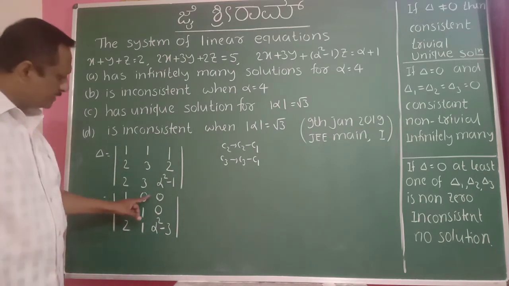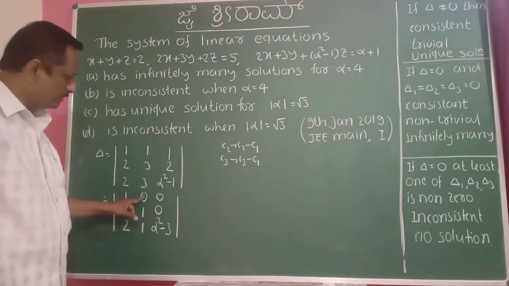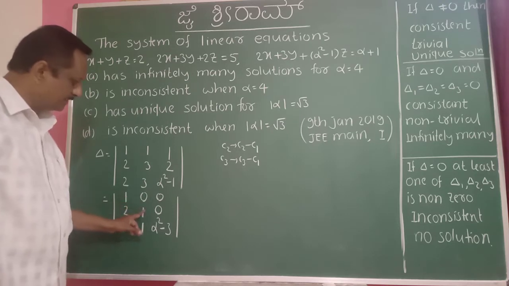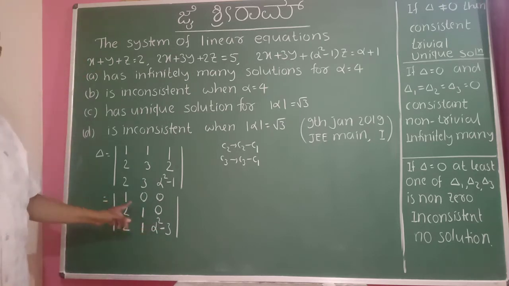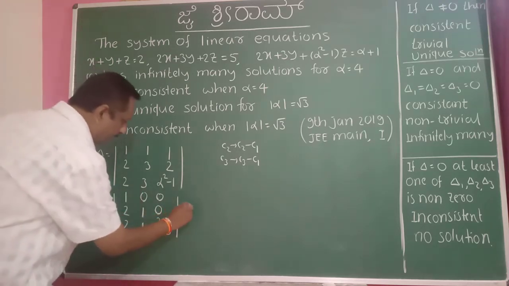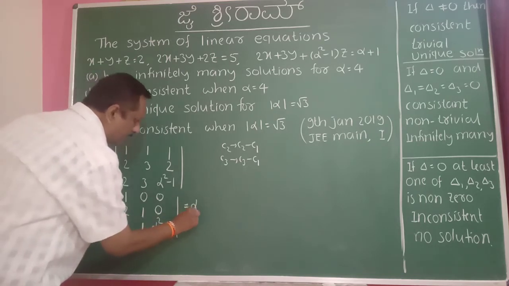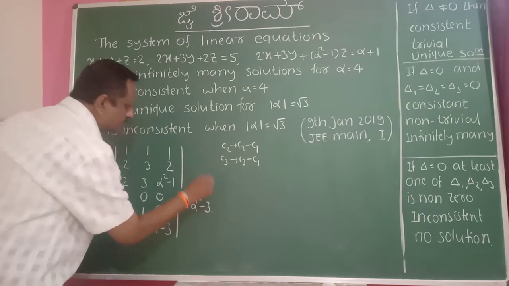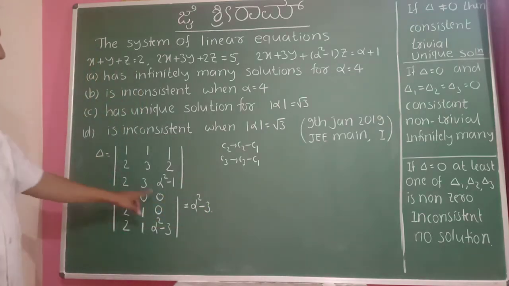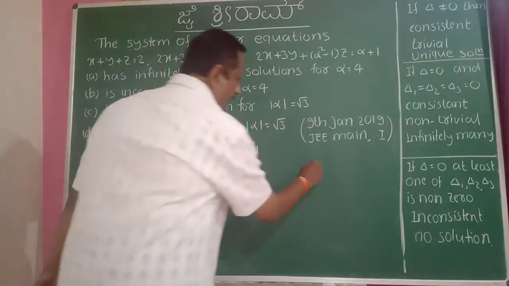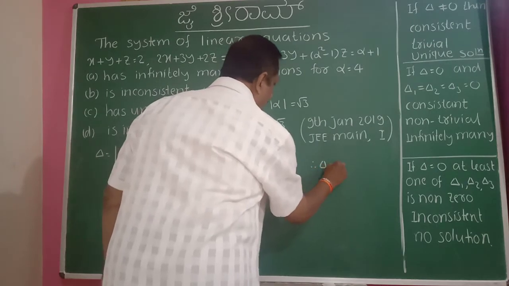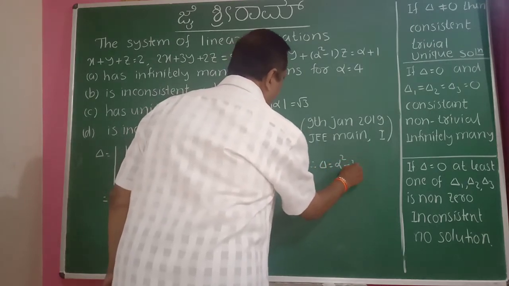These three terms are zeros, so its value is the multiplication of the diagonal elements: 1 into alpha square minus 3. So delta is equal to alpha square minus 3.